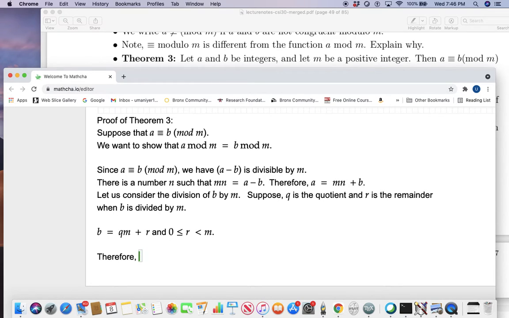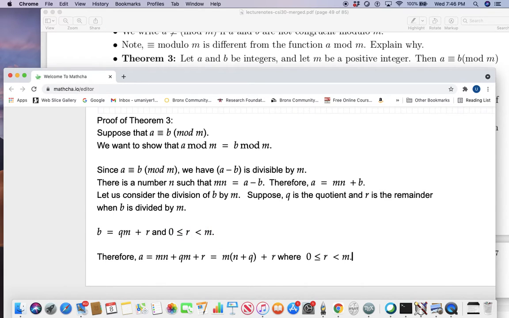Therefore, a itself is mn plus b. B in turn is qm plus r. So that is the same as, look at that, m times (n plus q) plus r, where r is between 0 and m.